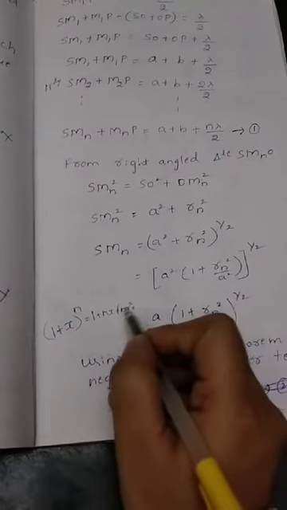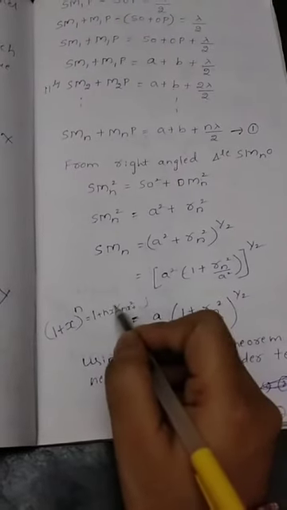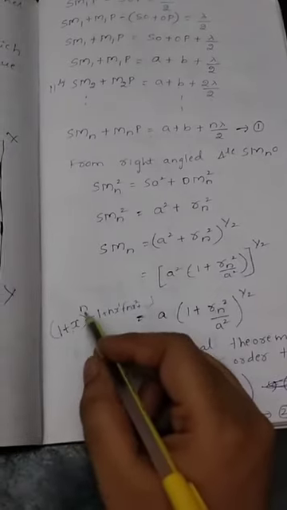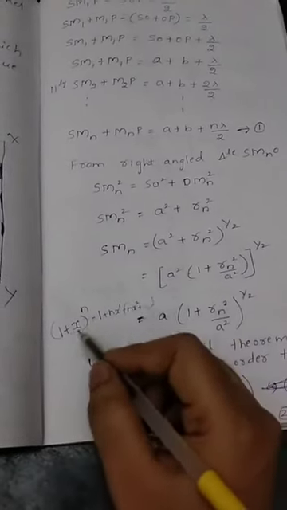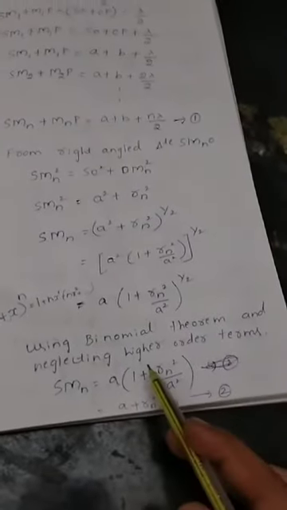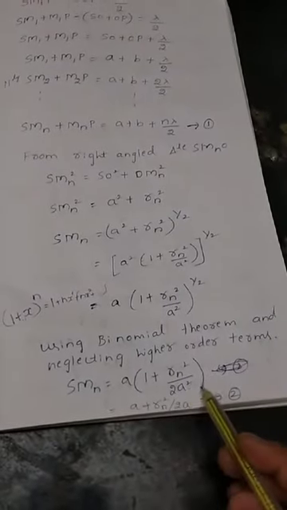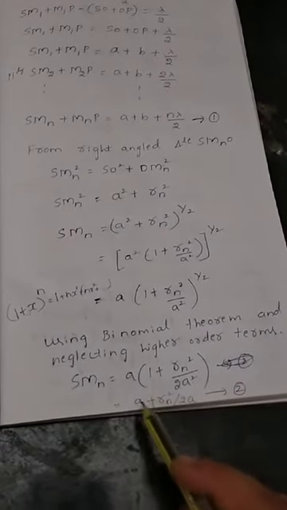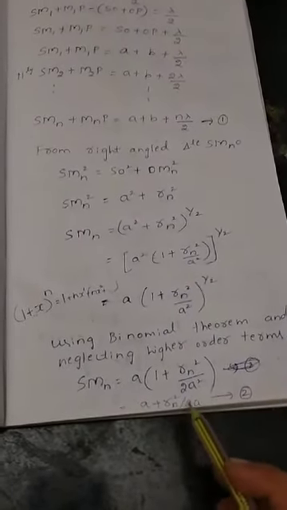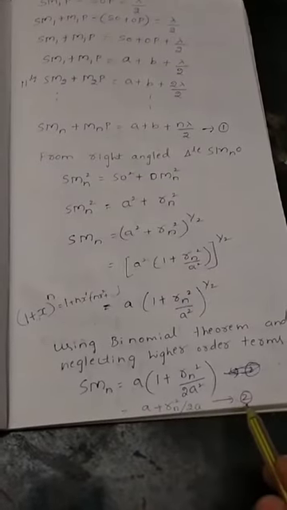I will neglect all the higher order terms and retain only the first order. This is something like taking the power inside. So if I take the power inside, I can write 1 plus Rn square by 2A square. Now if I multiply by A, I will get A plus Rn square by 2A. I will call this equation number 2.